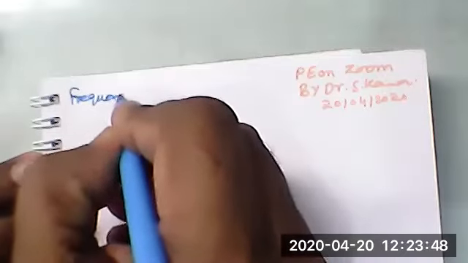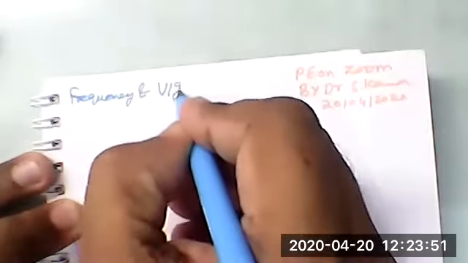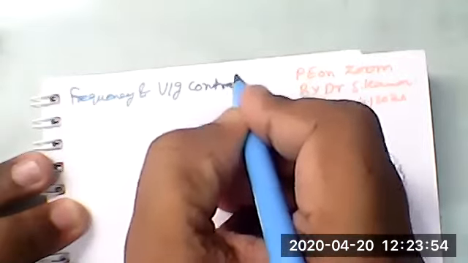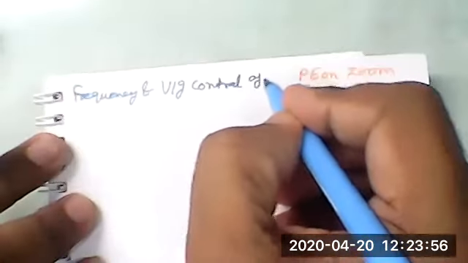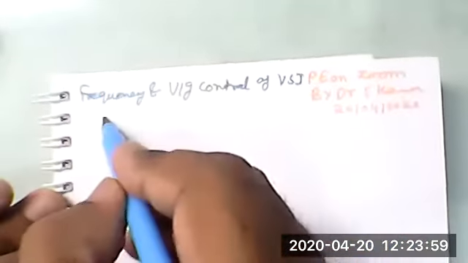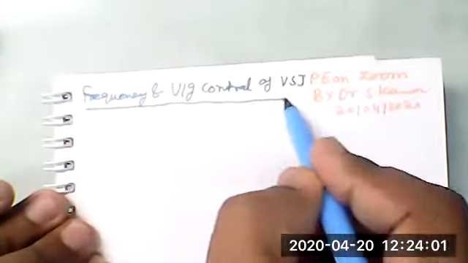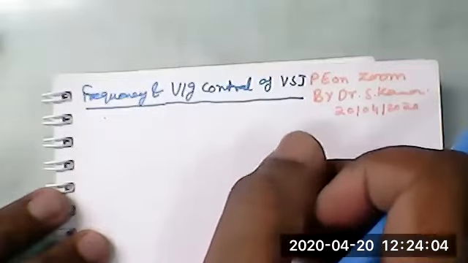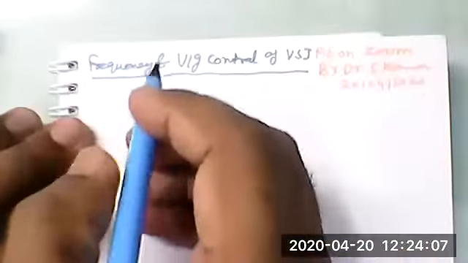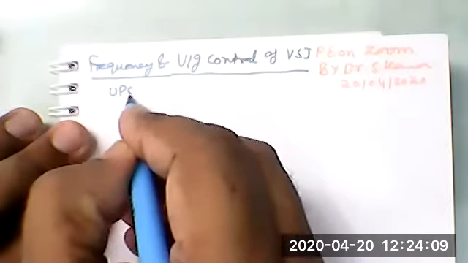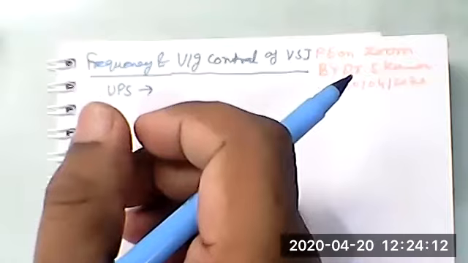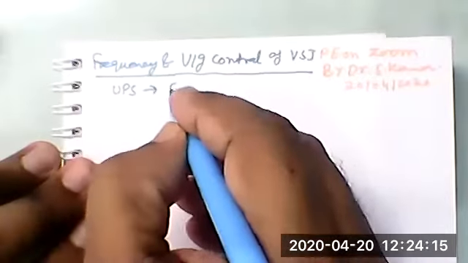Right? Now the next topic is frequency and voltage control of VSI. Right? See, for example, if you consider UPS, uninterrupted power supply, it requires constant frequency.